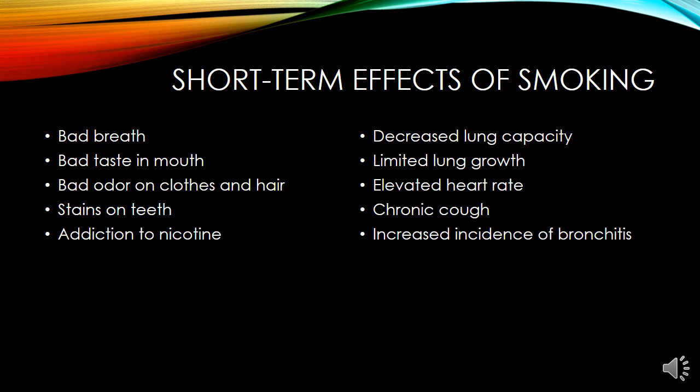These are a few short-term effects of smoking. Bad breath, bad taste in mouth, bad odor on clothes and hair, stains on teeth, addiction to nicotine, decreased lung capacity, limited lung growth, elevated heart rate, chronic cough, increased incidence of bronchitis.